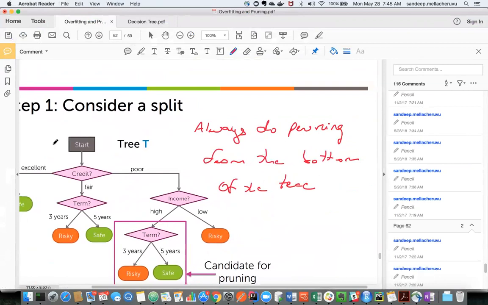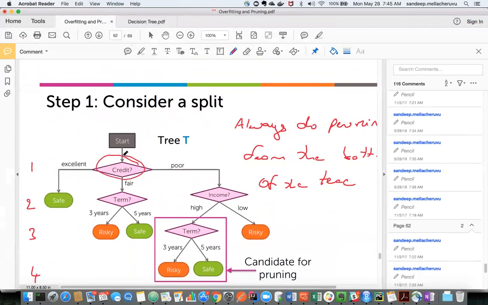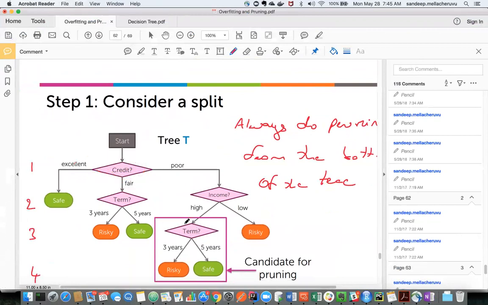Do not take this node and try to prune it. If you prune this, then there is no tree at all. If you remove this, the entire tree is gone. Do not do that.